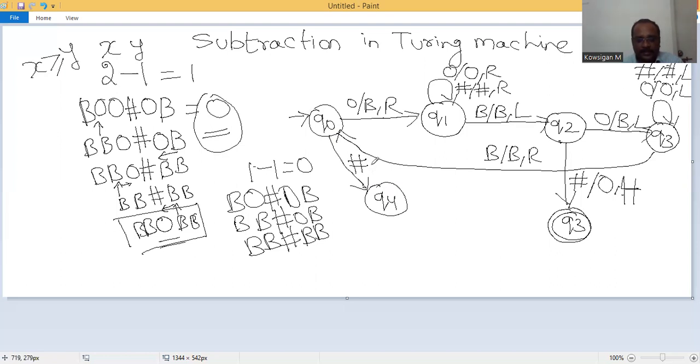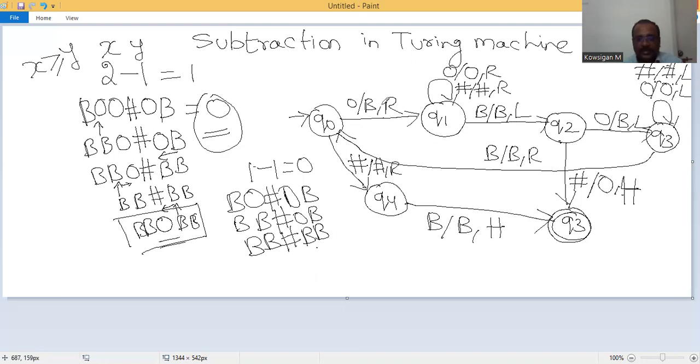Hash is replaced with hash and move to right hand side. Now you will be having blanks. Again, you can join this. Blank is mentioned as blank and stay put.